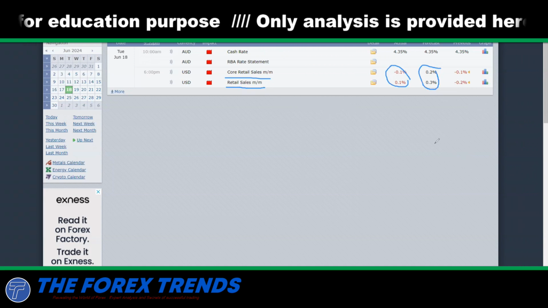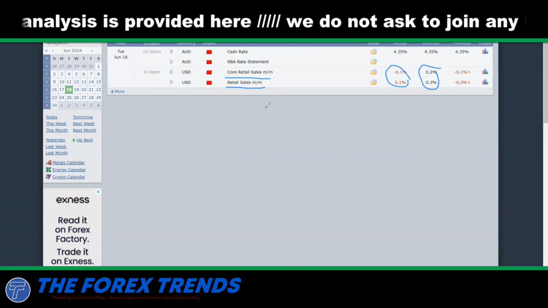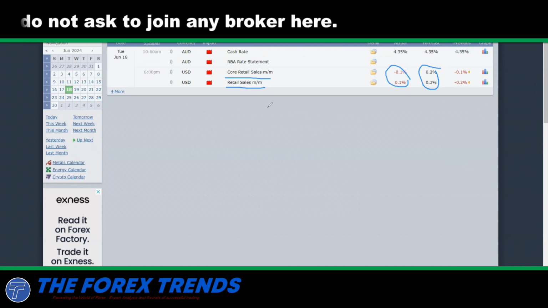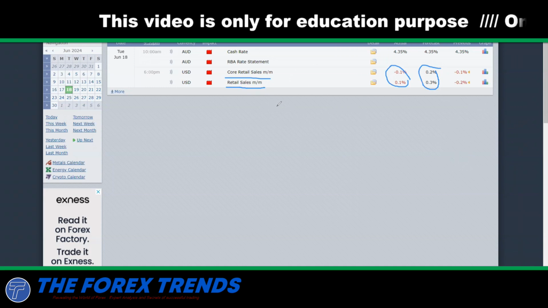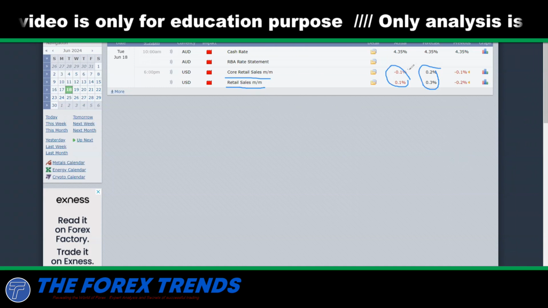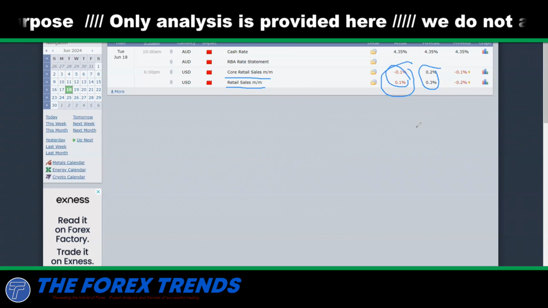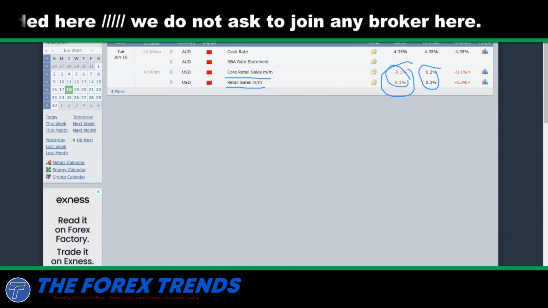This means the US economy is gradually moving towards contraction. Because of this negative data, the US dollar has weakened a little today.